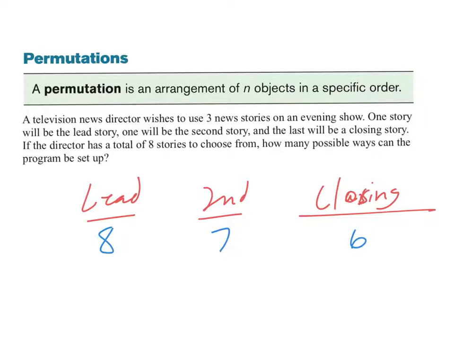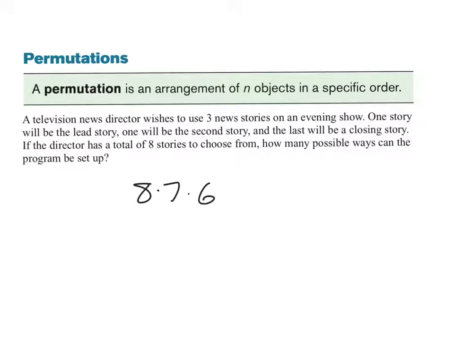The order matters because if you choose a different story for the lead slot, that changes the show. So in reality, what we're doing here is 8 times 7 times 6. There are 336 possible ways that this news director can choose the shows.